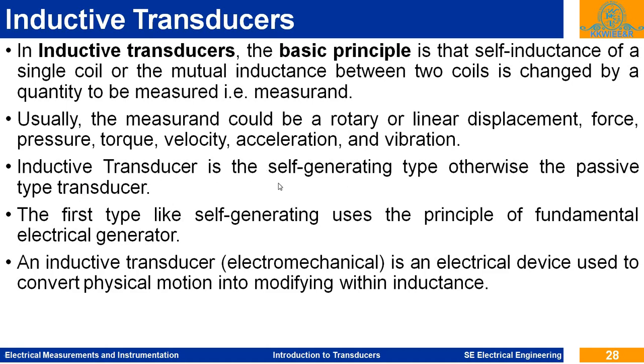They are available in both self-generating, or active, and passive types. The first type, self-generating, uses the principle of a fundamental electrical generator. An example is the tachometer, or tacho generator, for the measurement of speed.